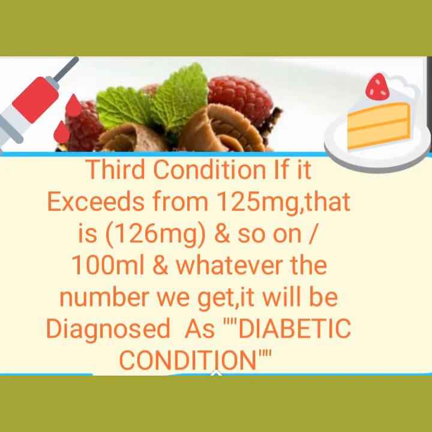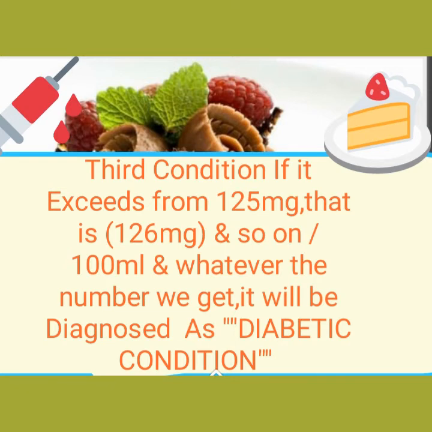Then the third condition: if it exceeds 125 milligram, that is 126 milligram and above per 100 ml, whatever the number we get, it will be diagnosed as the diabetic condition.